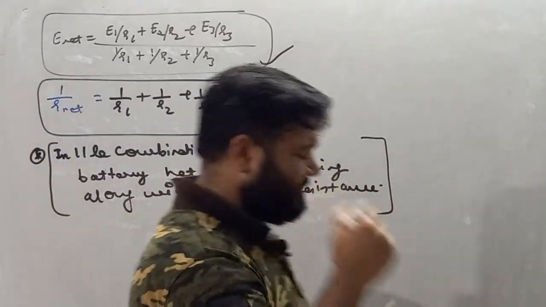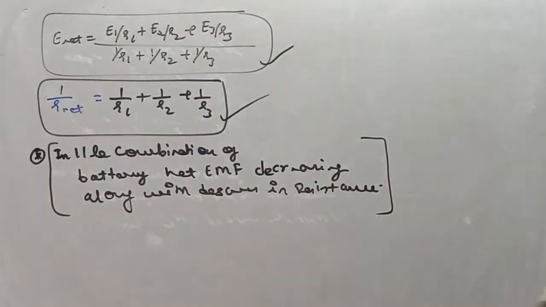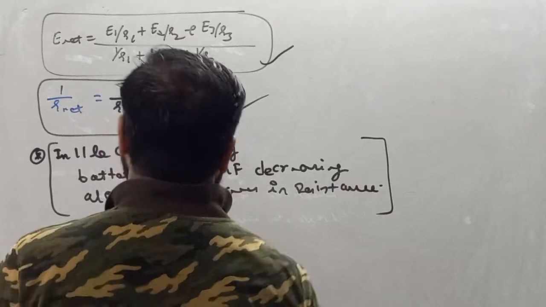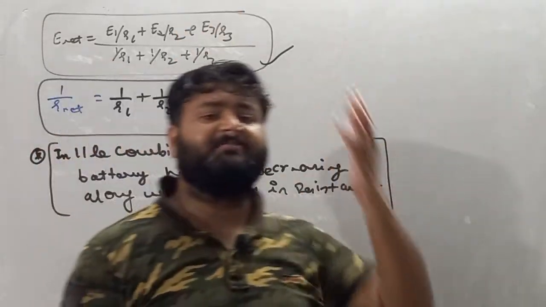So see my dear student, when we are connecting the batteries in parallel, then what we'll see is that EMF is decreasing and resistance is also decreasing. So ultimately, if EMF is decreasing, then it is not possible that we'll get an increased value of current.